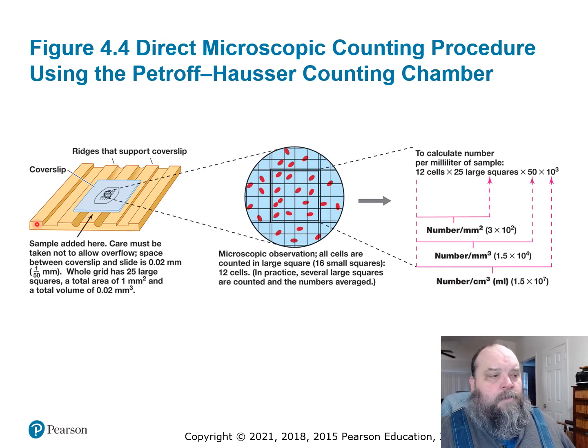There are special slides that have a glass with a special grid pattern etched into it. These different grooves allow too much dye and stuff that you may have added to just basically wick away.